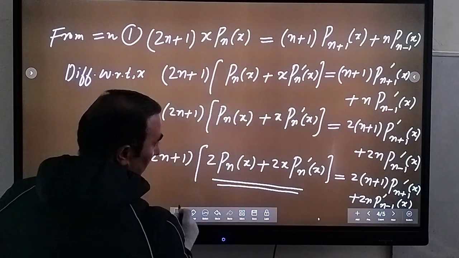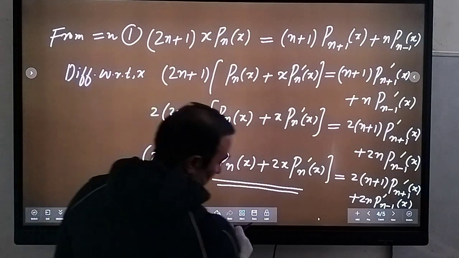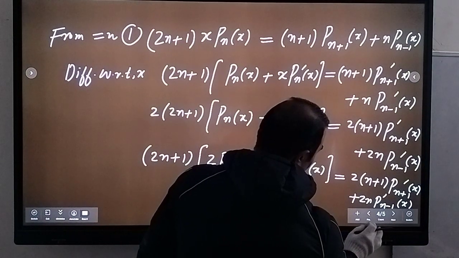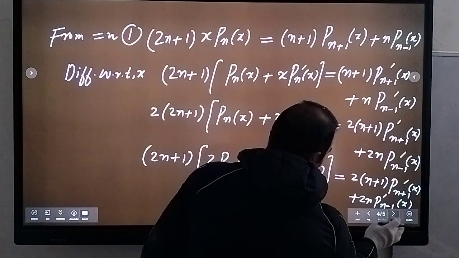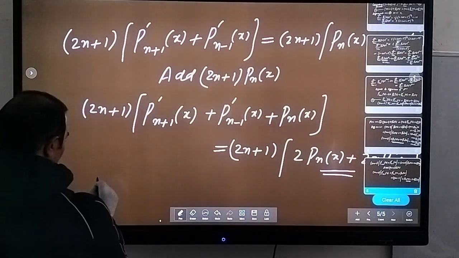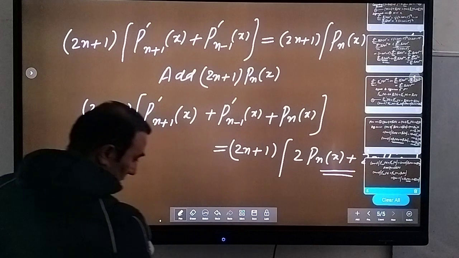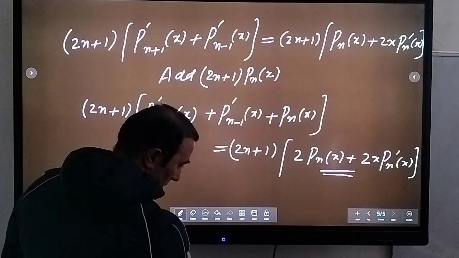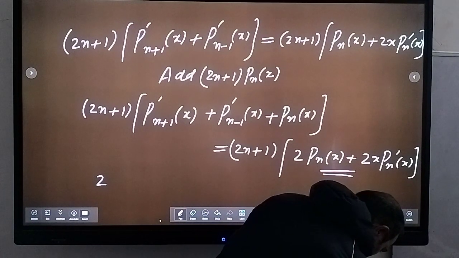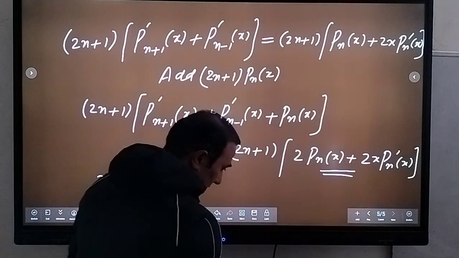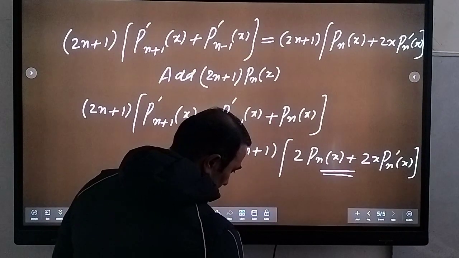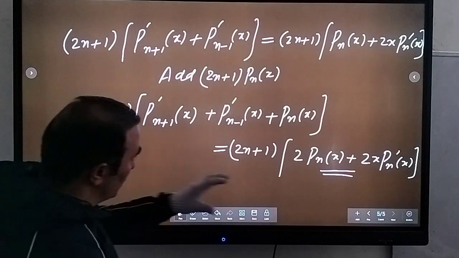So the left hand side will be equal to, okay, you can write this as (2n plus 1), huh? Okay, so you can write this as 2 into, that will be equal to, okay, so I need to use this term, huh?